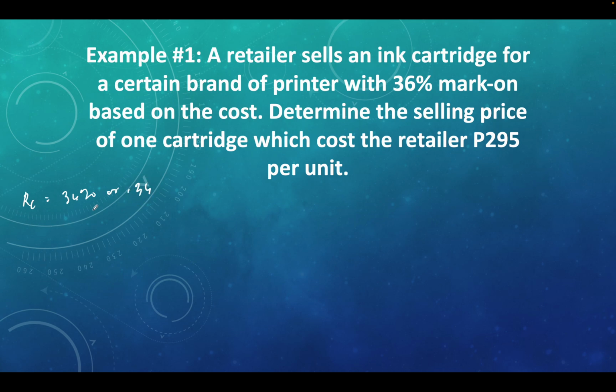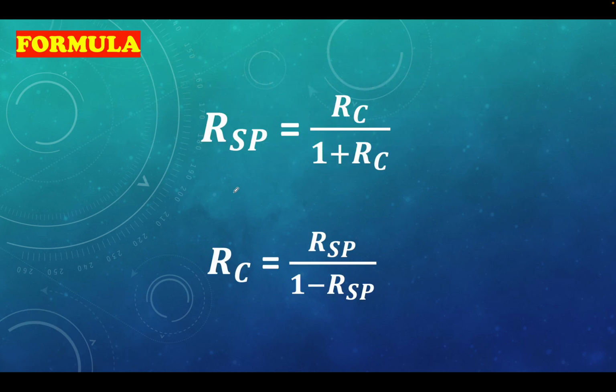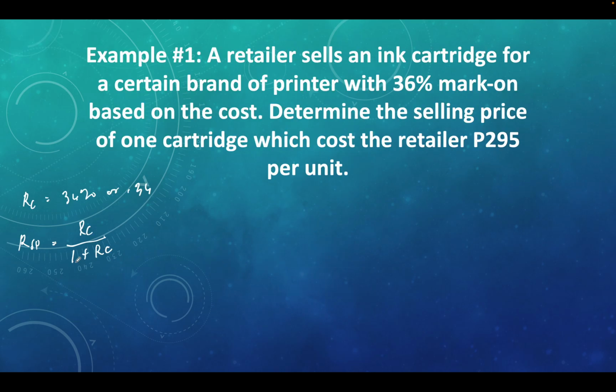So, kung gusto nating makuha yung rate based on the selling price natin, our formula, rate based on the selling price, is equivalent to the rate based on cost all over 1 plus rate based on cost. Check lang natin kung tama. Okay, so RC over 1 plus RC. Okay. So, ang gagawin natin, substitute lang natin.